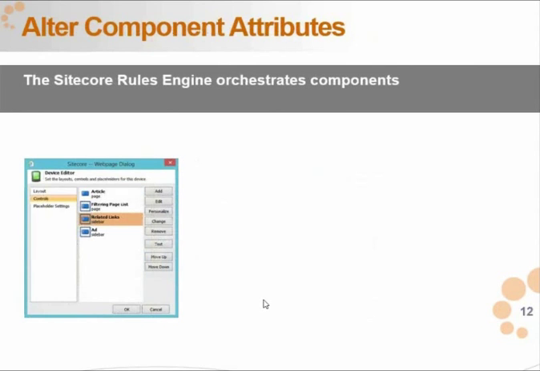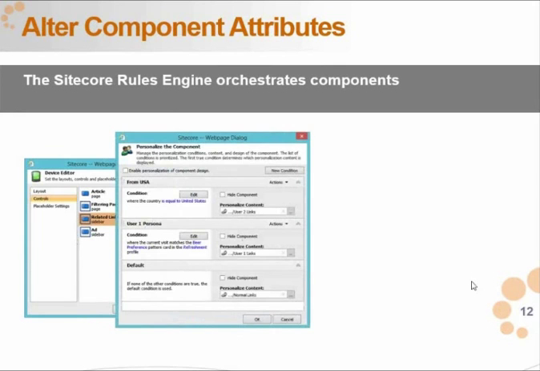With this, you can change the behavior of each component. For example, in the related links control, there is a personalize button here in Sitecore. When you click on it, you can define all the rules, and the way that we change the data is done by the rules engine in Sitecore.